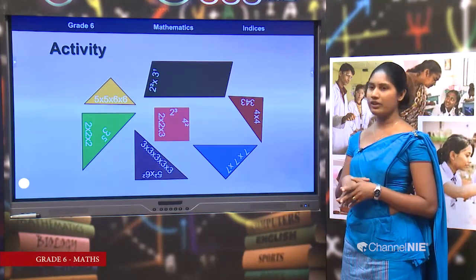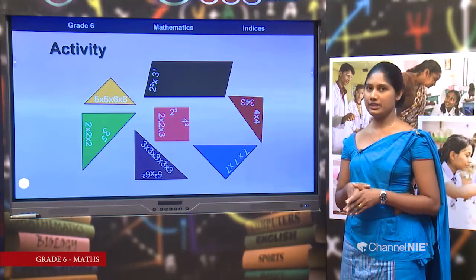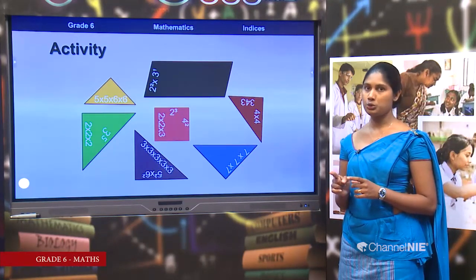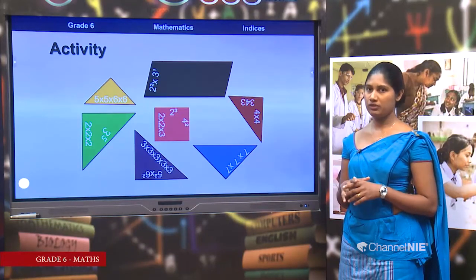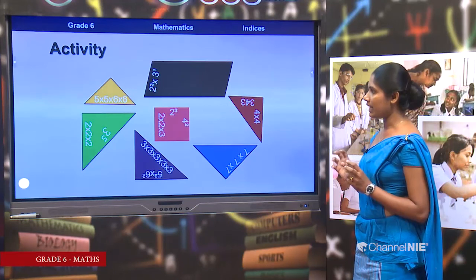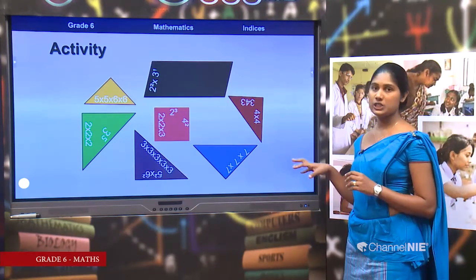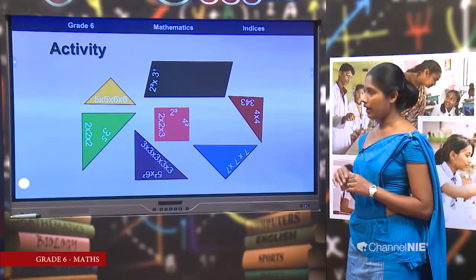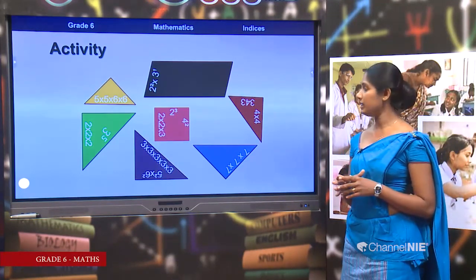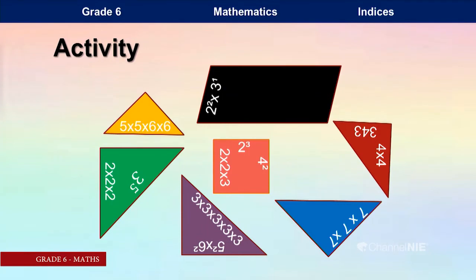Then you can write that using index notation, that is 5 to the power 2 and 6 to the power 2. Then can you find that index notation in these figures? I know you have found it, that is in the purple triangle. So, you can find that at the bottom of this page, that is 5 squared into 6 squared.